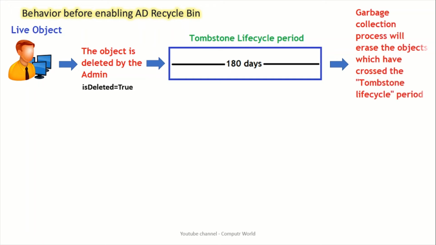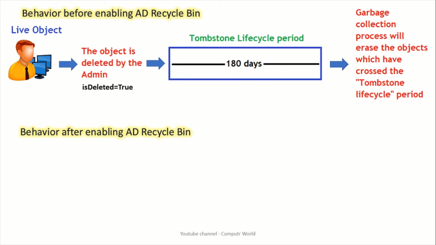And after 180 days are completed, the garbage collection process erases the objects which have crossed the tombstone lifecycle period. So they are permanently erased by the garbage collection process. So this is a typical behavior when Active Directory Recycle Bin is not enabled.